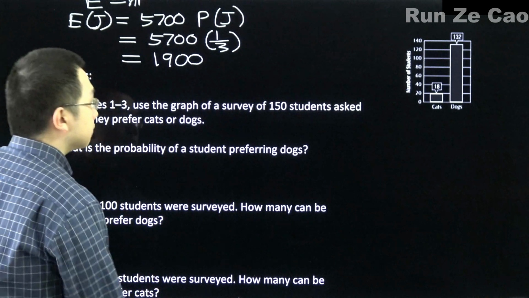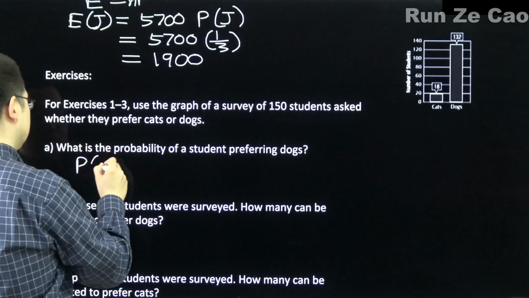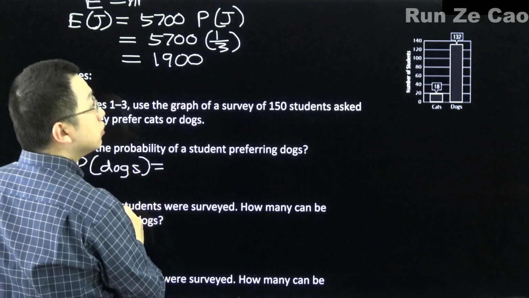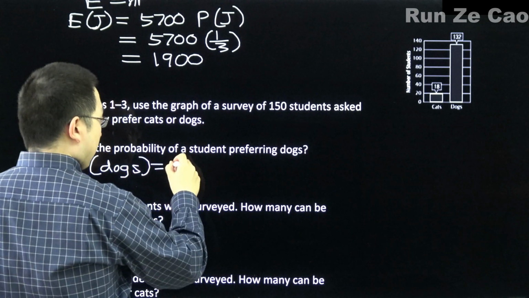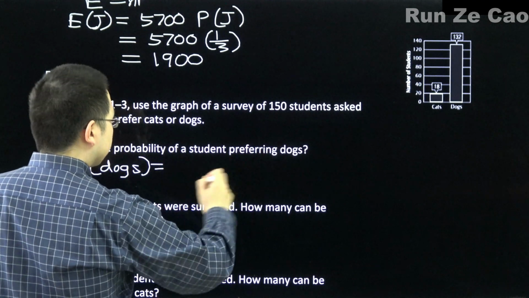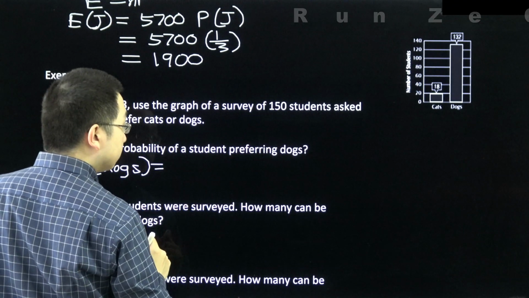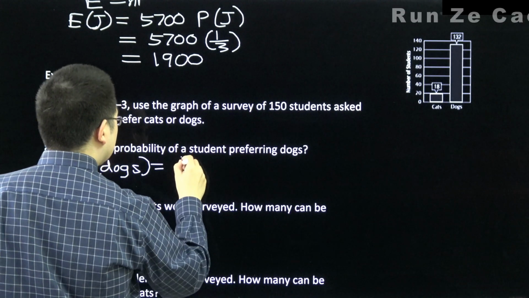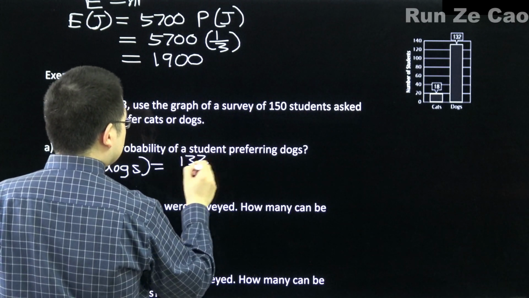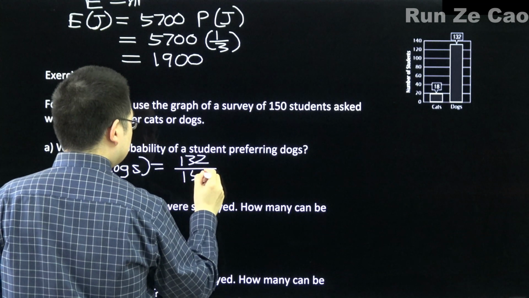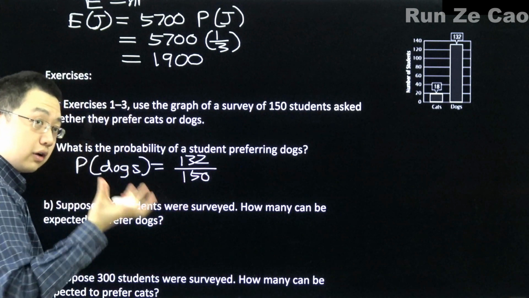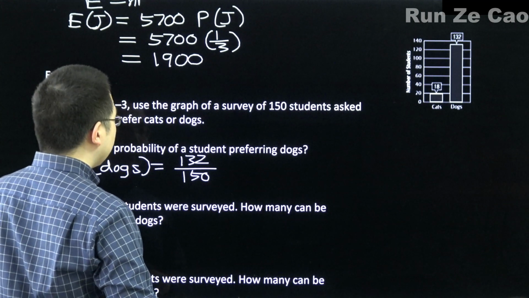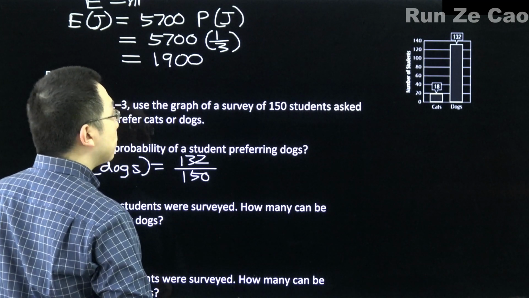Well, P of dogs is equal to number of outcomes that are dogs over total trials. I mean, technically it should be n of dogs, but we're going to skip over that step because it's pretty obvious here. And we've talked it over already. So what happens if we simplify this a bit?